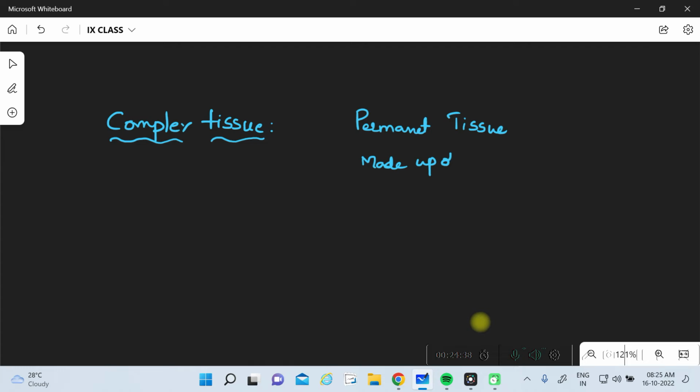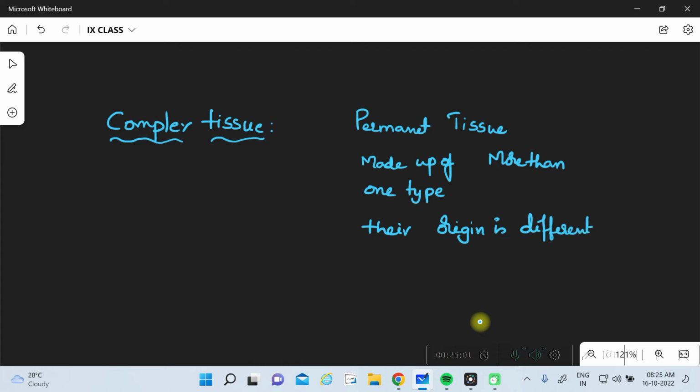It is a permanent tissue which is in general made up of more than one type of cell. Their origin is different. Suppose you imagine there are four types of cells, more than one. I'm just giving you an example, four types of cells.